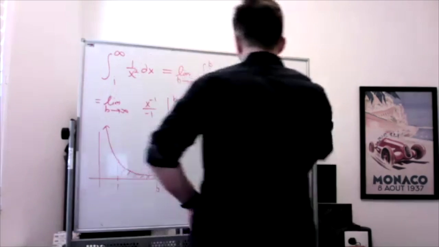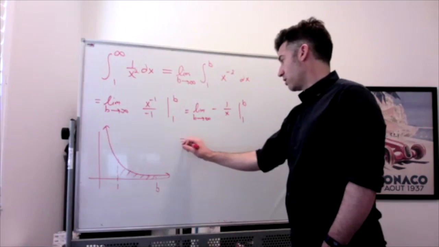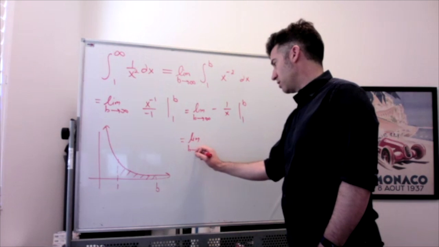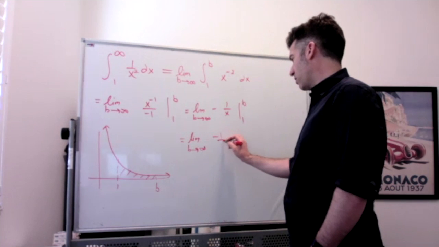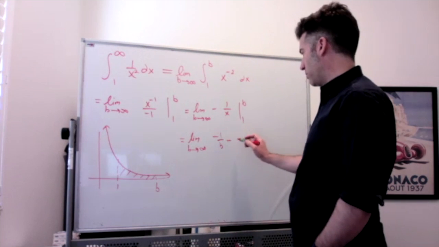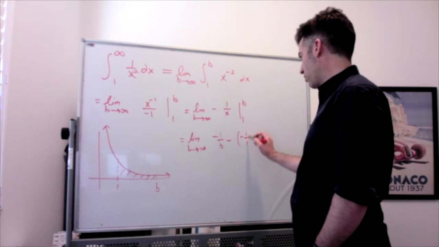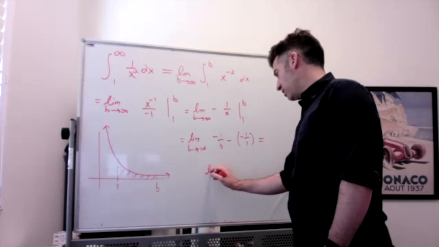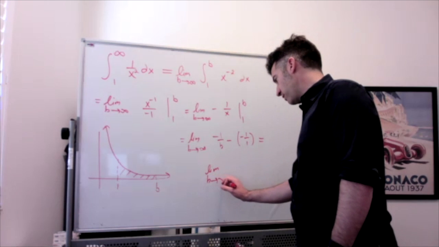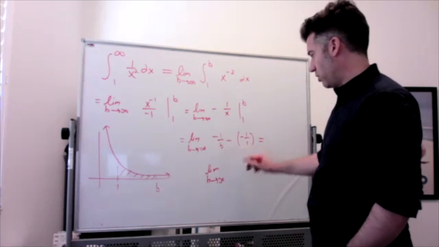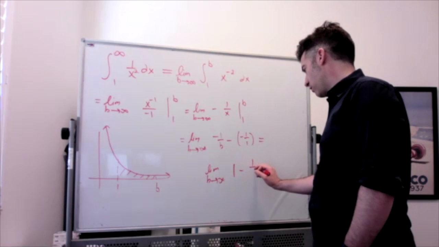Plug in the top limit first. You get the limit as b goes to infinity of negative 1 over b minus, plug in the bottom limit second, negative 1 over 1. So that's going to be the limit as b goes to infinity of negative 1 over b plus 1, or 1 minus 1 over b.